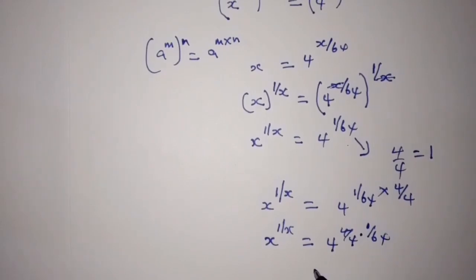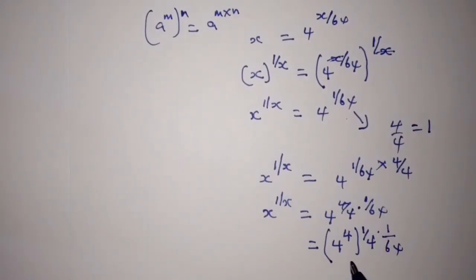This gives us 4 power 4 into bracket power 1 over 4 times 1 over 64, that is 4 power 4 into bracket power 1 over 4 times 1 over 64.